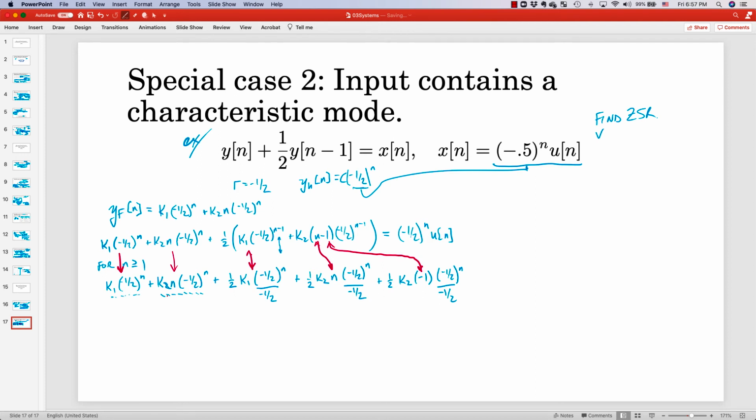And so the idea is that on the left-hand side, I've got terms that are negative 1/2 to the n times a constant, or negative 1/2 to the n times n times a constant. So I'm going to hatch out in different directions here. This has no multiply by n, this has no multiply by n, but these two have a multiply by n.